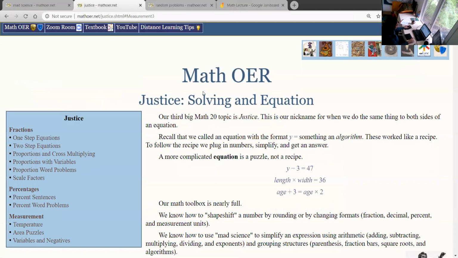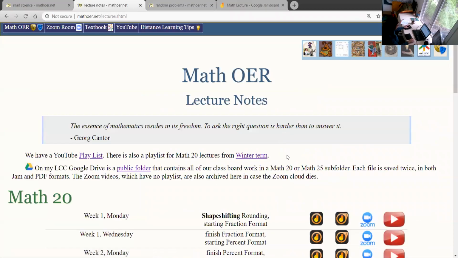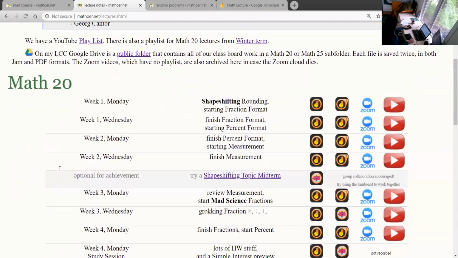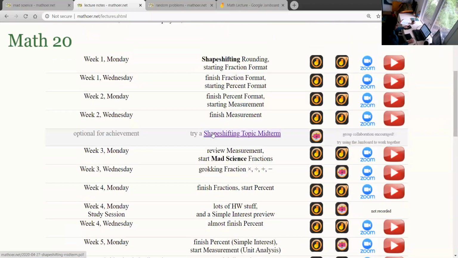I'm going to do just a heads up announcement while you're doing your draft. So when we finished with shape-shifting, I put a shape-shifting midterm in the lecture notes page. That way, if you wanted this check mark for getting 70% on a midterm, you had one that I had the answers to. Because normally, if you just generate a random practice midterm, I don't know how to grade it, and it takes me forever because I have to solve all the problems.